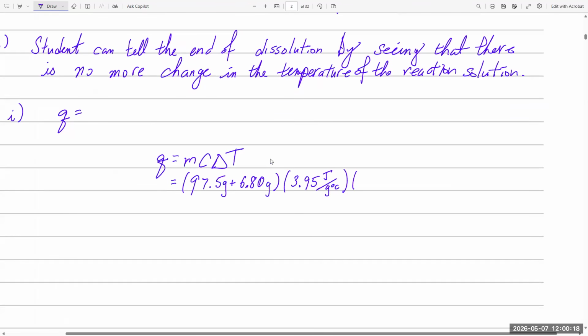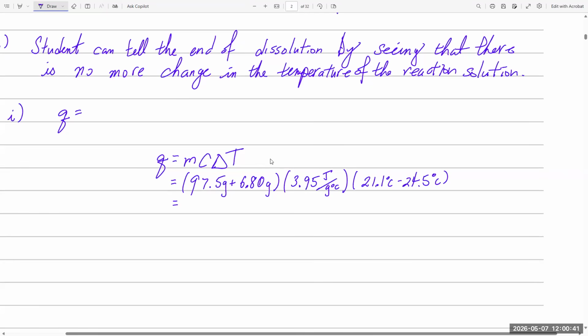And what is our delta T? Our final was 21.1, and then 24.5 was our initial. It's always going to be T final minus T initial. So it's 21.1 degrees Celsius minus 24.5 degrees Celsius.